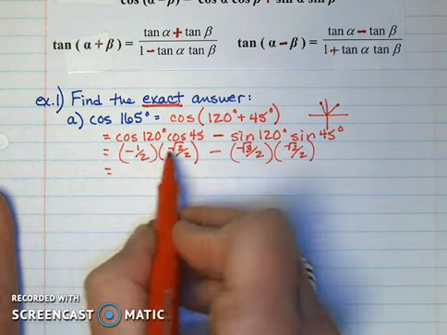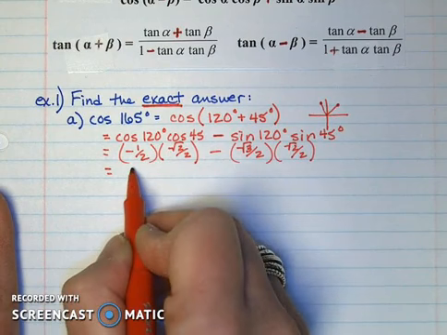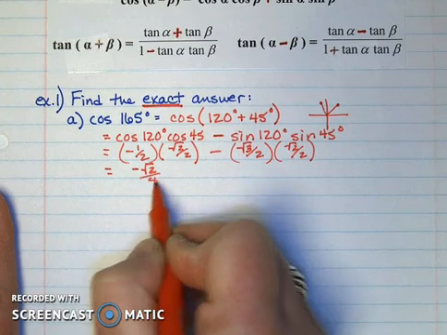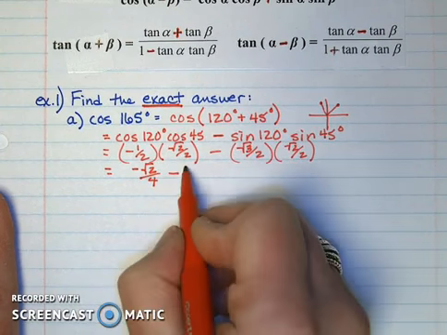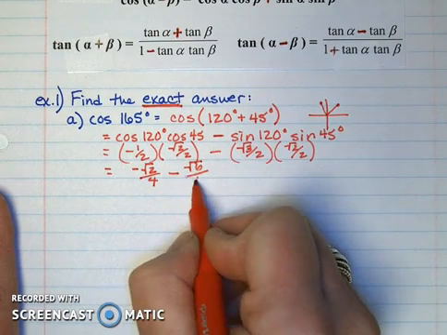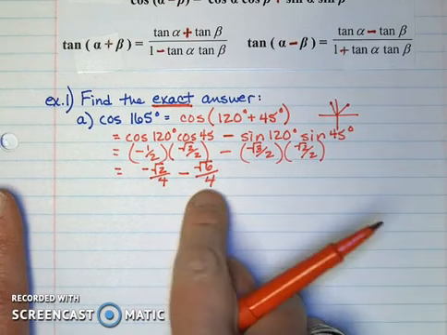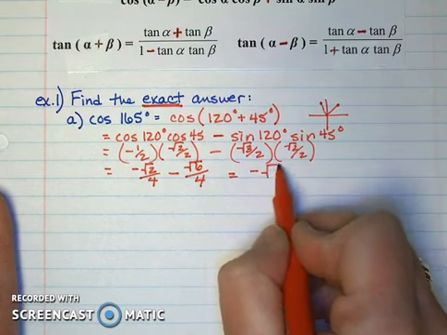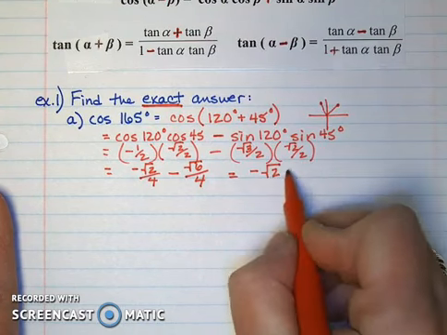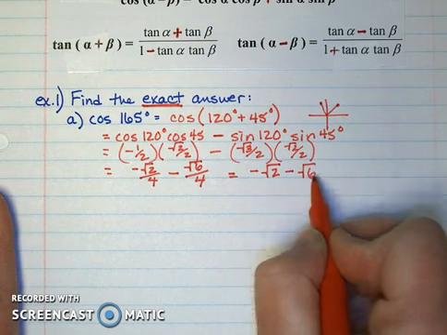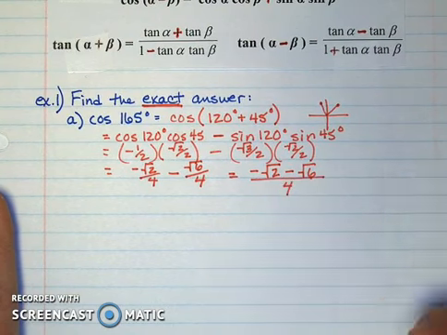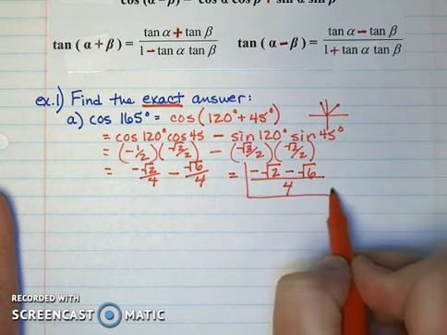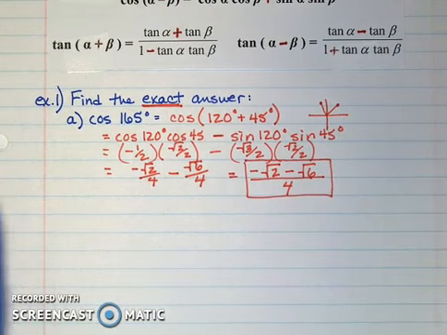This gives me negative square root of 2 over 4, minus square root of 6 over 4. I already have a common denominator, so I can simply add those two fractions, and I'm just going to leave it as negative square root of 2 minus the square root of 6, all over 4. I cannot reduce these because the 2 and the 6 are protected within that square root. I'm done. All right, let's try another one.